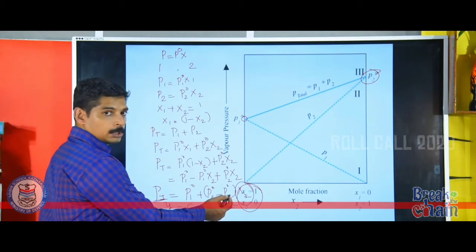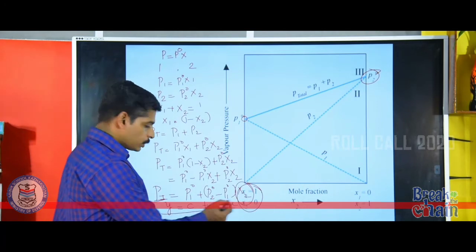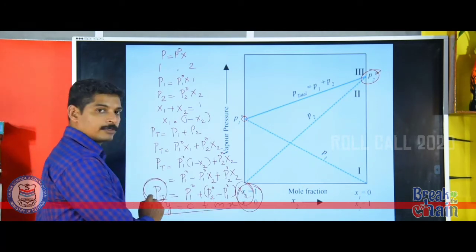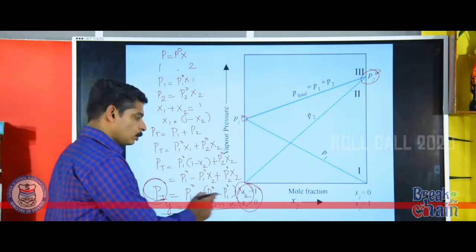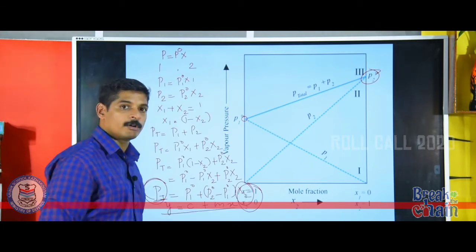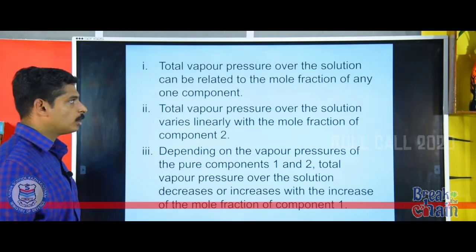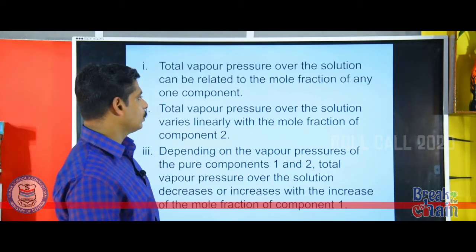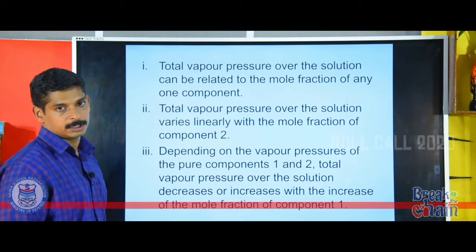What is Chi2? Chi2 is nothing but the mole fraction of component 2. So the total vapor pressure of the solution is related to the mole fraction of one of the components. That is the first conclusion we can arrive at.